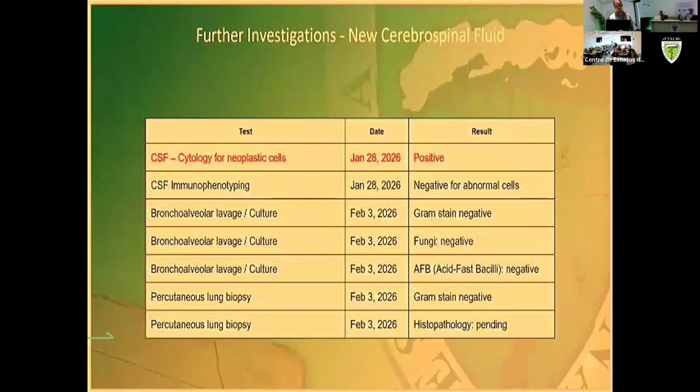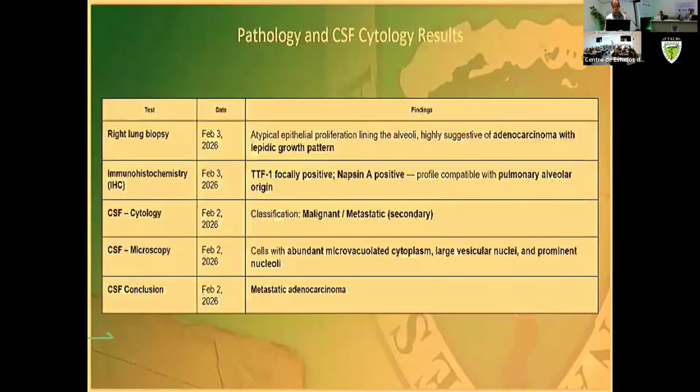For further investigation, we asked for a new CSF, and the new CSF now has cytology positive for neoplastic cells. And we had the right lung biopsy, which showed atypical epithelial proliferation that was really suggestive of adenocarcinoma with a lepidic growth pattern.